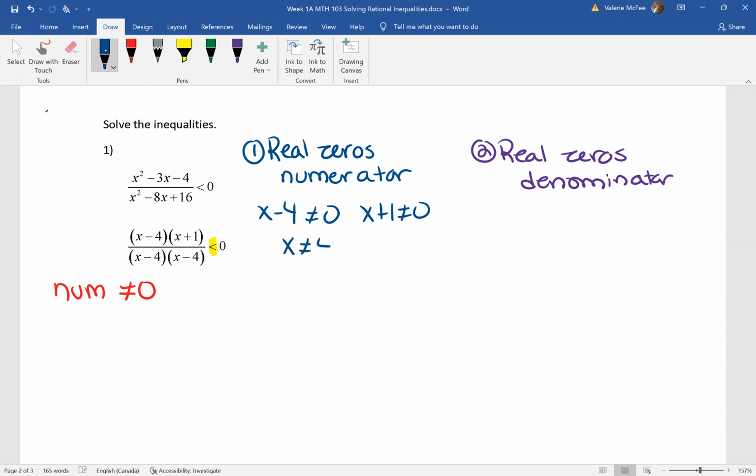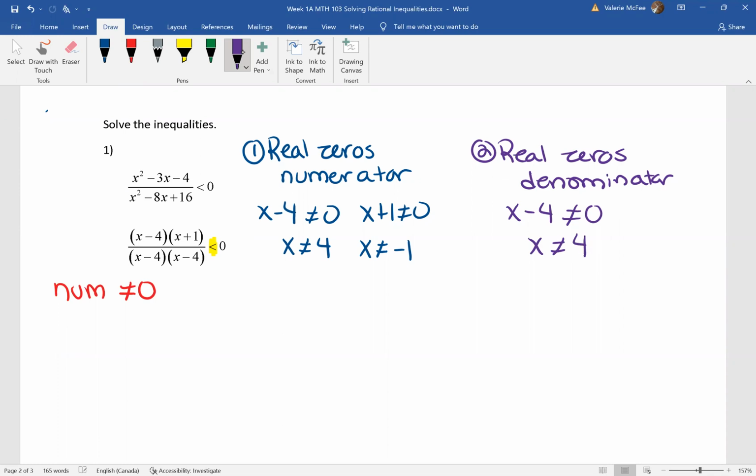So we have two critical numbers for the numerator, and both of them are going to have an open circle because they cannot be included. Now, the real zero of my denominator is going to be the same as one of my real zeros for the numerator. That's okay. We see here, because it's in the denominator, that it cannot equal 0. Remember, your denominator can never equal 0.